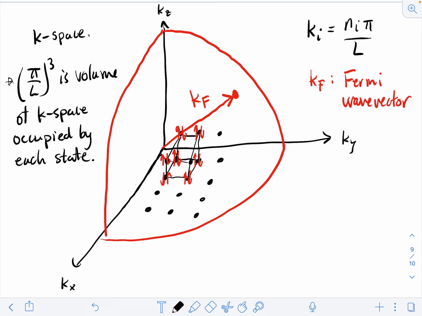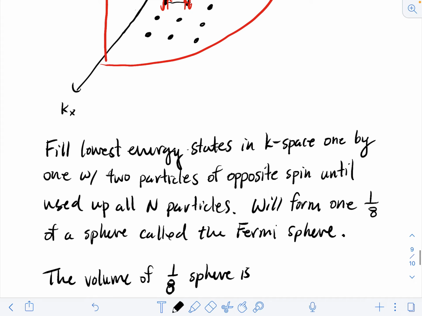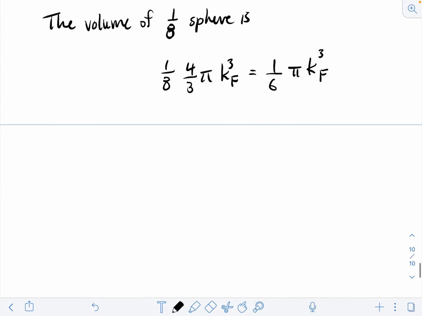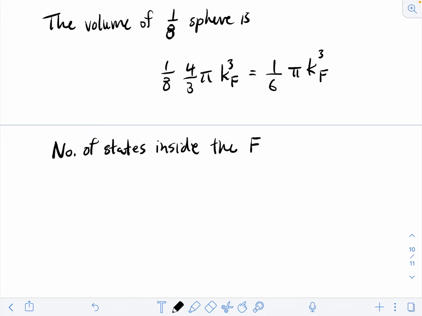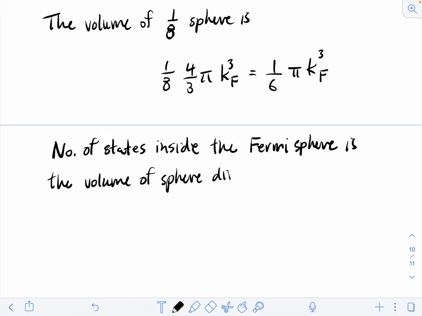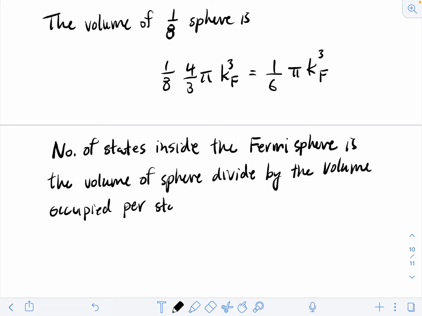So if we wanted to know the number of states inside our Fermi sphere, we would take the total volume and divide by the volume occupied per state.